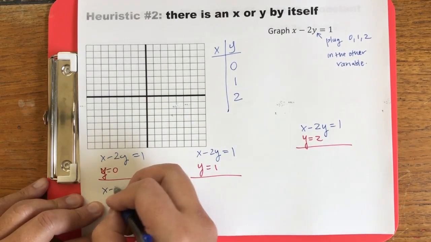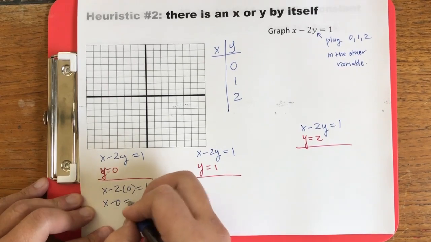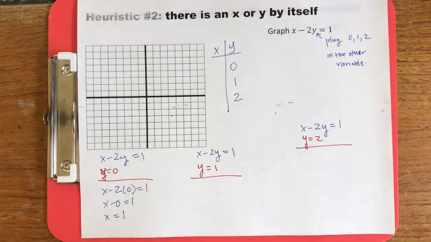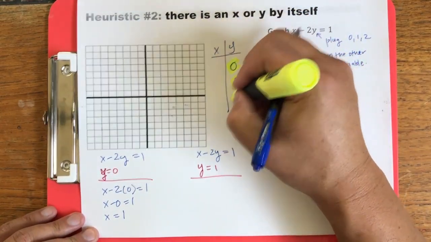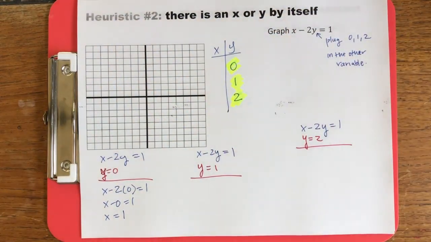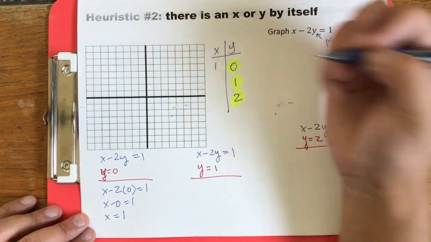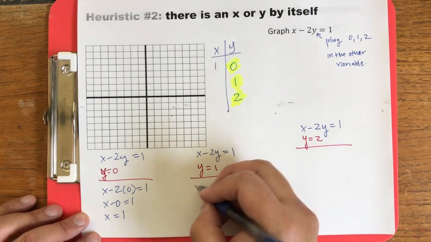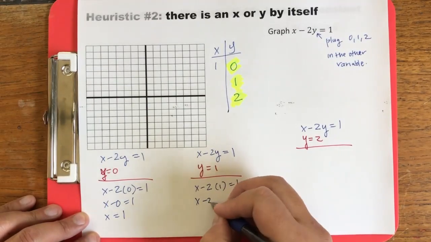We get x minus 2 times 0 is equal to 1. x minus 0 is equal to 1. x is equal to 1. So these are the numbers we started out with. And when I plug 0 into here, we get x equal 1. When I plug in y equal 1, I get x minus 2 times 1 equal to 1. x minus 2 is equal to 1.